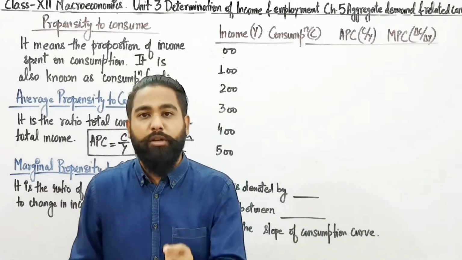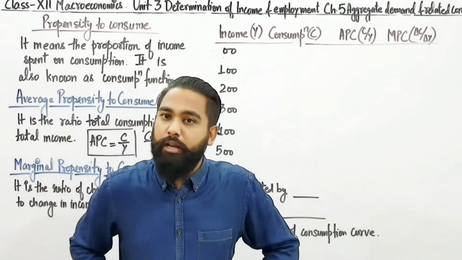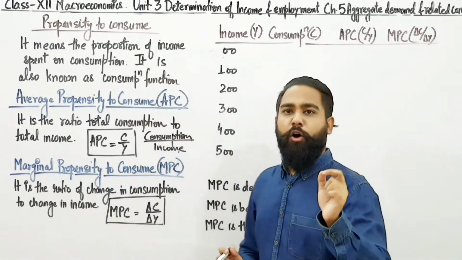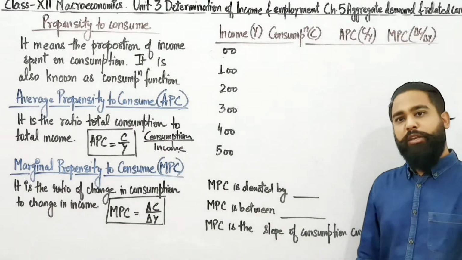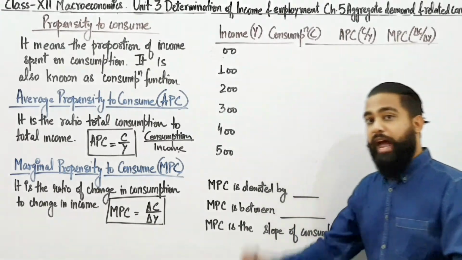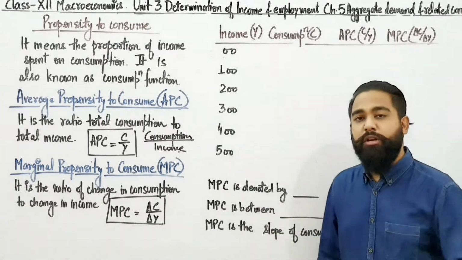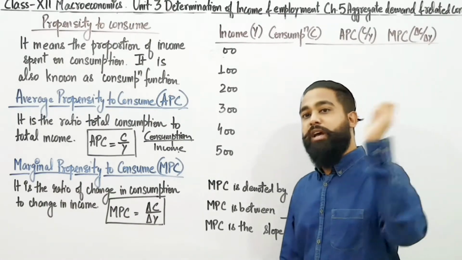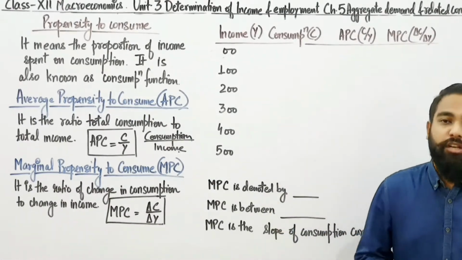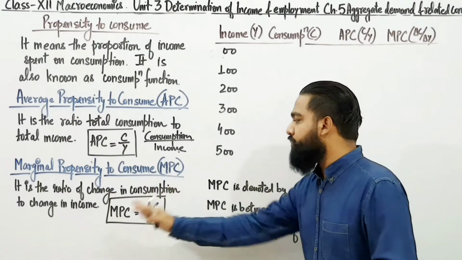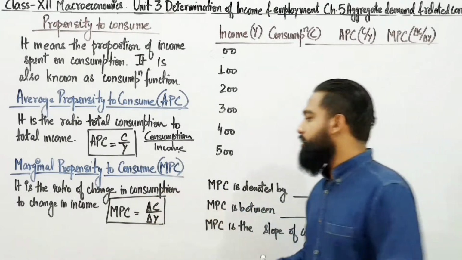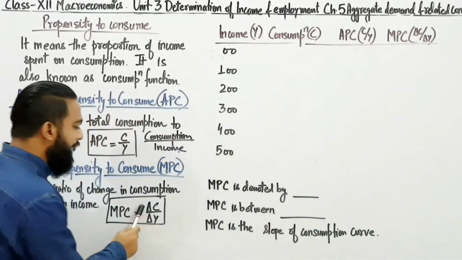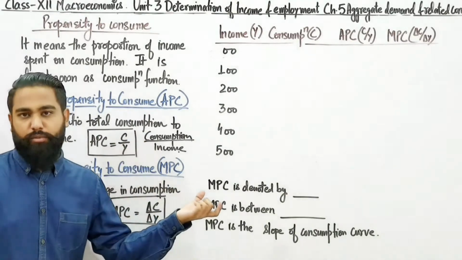Now from that 100 rupees which has been increased, how much consumption is going to be done out of that changed income. So it is the ratio of change in consumption to change in income. This delta C means change in consumption.